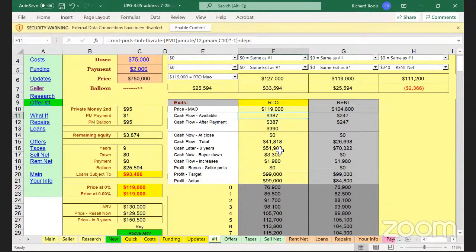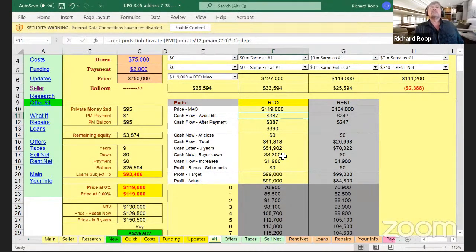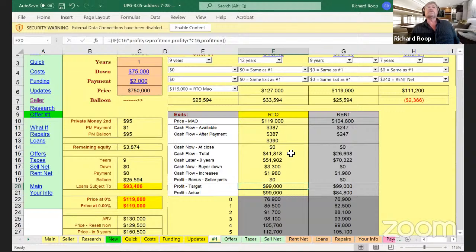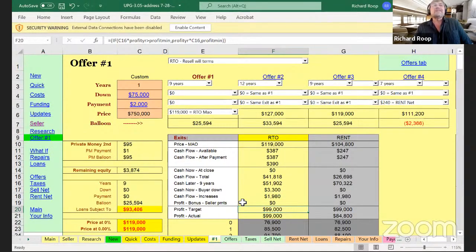The back end, when you sell it in 9 years, would be 51,000. You got at least 3,300 down from your buyer, but you're going to actually need to spend that. So actually, you want to see if you can get more down. And then cash flow increases over the 9 years. So our target profit is 99,000. What do you think about that for a 9-year deal?